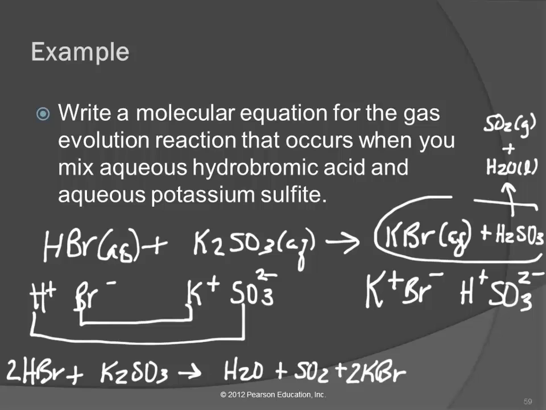H2O is a liquid, SO2 is a gas. Yes? Do you have to put the equation in a certain order? Like, do I have to put the H2O first? No. You could put the SO2 first, you could put the KBr first. It's like addition, the order doesn't matter. 1 plus 2 is 3, and 2 plus 1 is still 3.